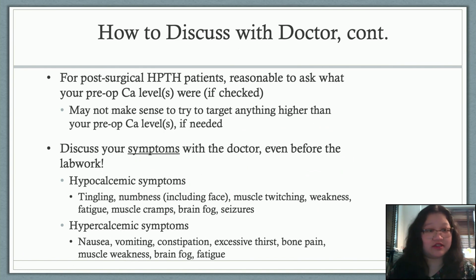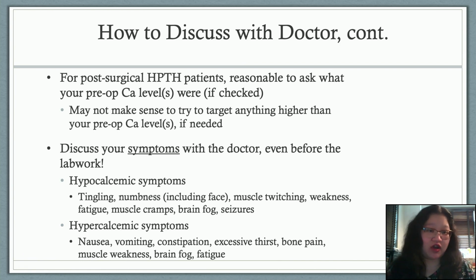And then you should discuss your symptoms with the doctor before talking about lab work. I think it's really important to share with your doctor what kind of symptoms you're having. They may be hypo- or hypercalcemic symptoms. You can see here that a lot of them overlap. Usually the tingling, the paresthesias, the numbness, muscle twitching, those are going to be hypocalcemic symptoms. Fatigue and feeling weak, you don't know if that's hyper or hypo.